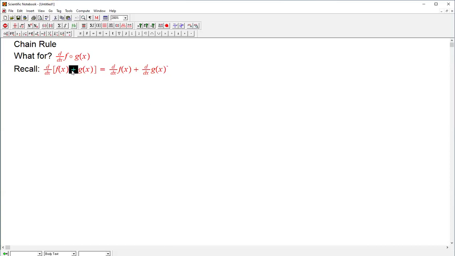The derivative of a difference is the difference of the derivatives. So we have learned these.